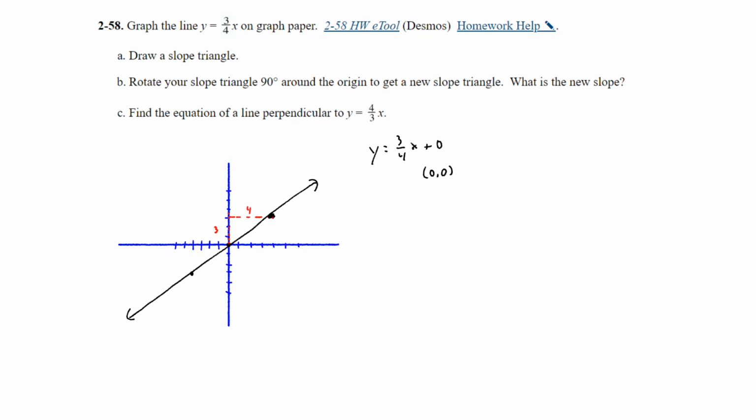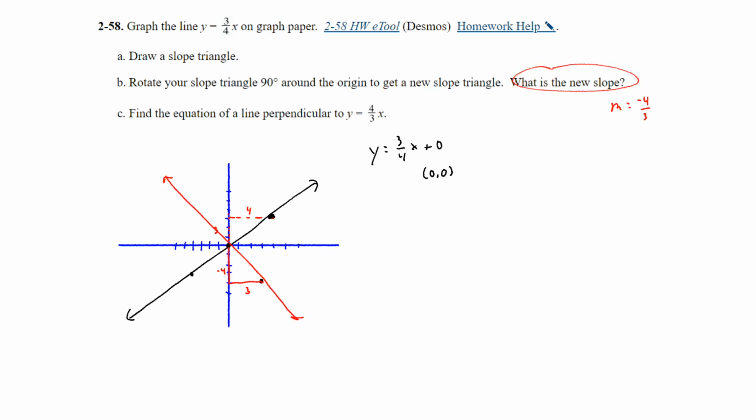And so you might need to use tracing paper for this, but when you rotate that, that's going to put that point right here. And so the origin is going to stay because that's where you're rotating across. So I'll do it in red here. And this would be your new line, and it does want to know what the slope of the new line would be. And the slope, if you look, you're now going down 1, 2, 3, 4, and to the right 3. So your new slope triangle or slope would be negative 4/3.